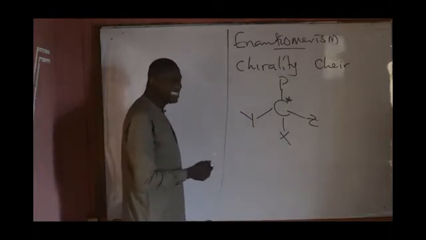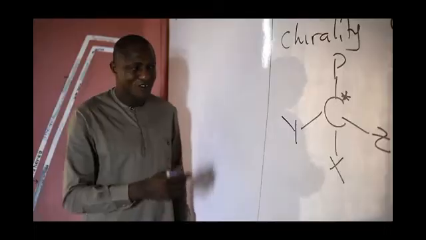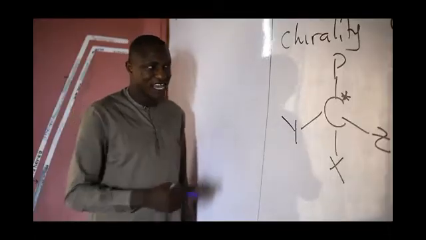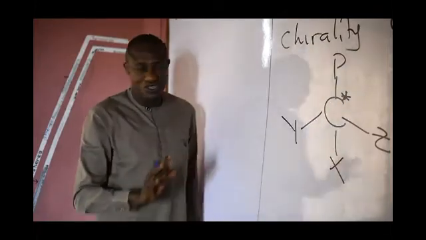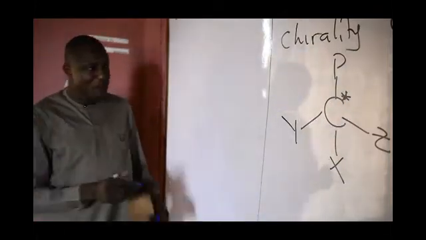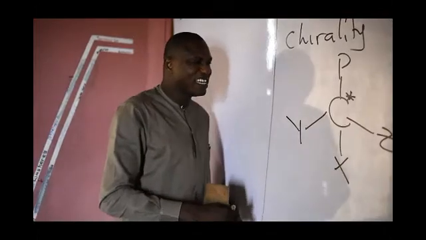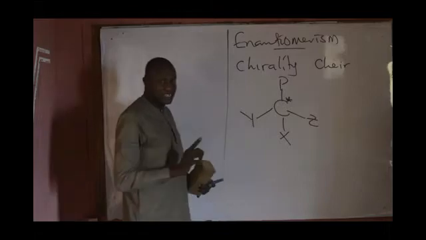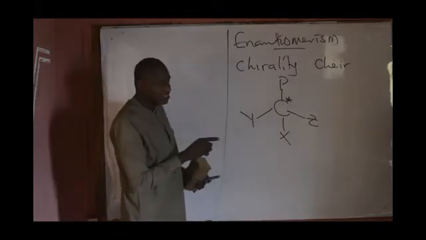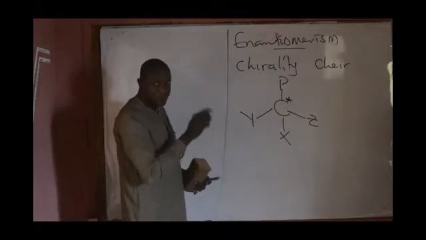You can also refer to it as a stereogenic carbon or a stereogenic center. It is asymmetric in nature because you cannot divide it into 2 equal halves. So when you place this molecule in a plane of polarized light, the molecule will rotate in a certain direction. And the direction of rotation is a characteristic of that molecule.